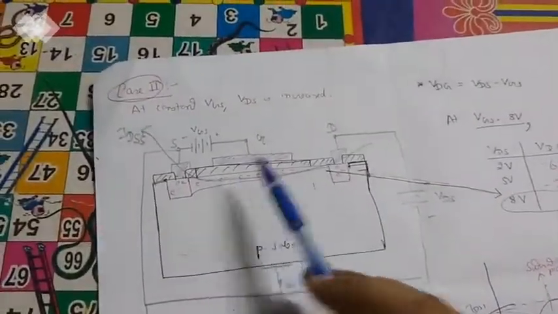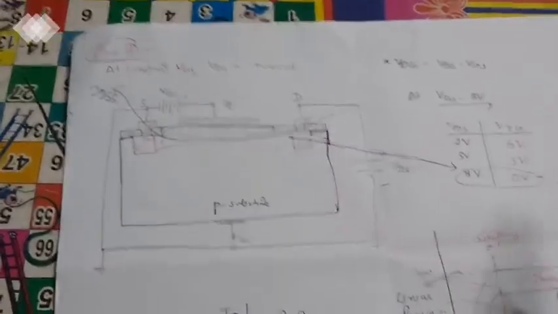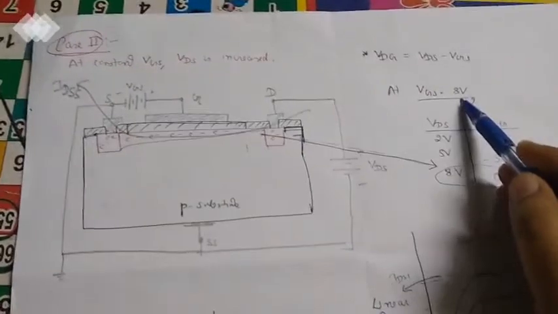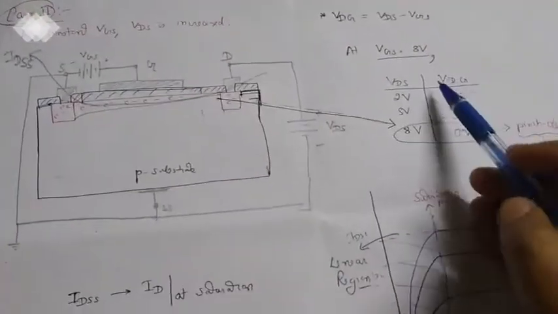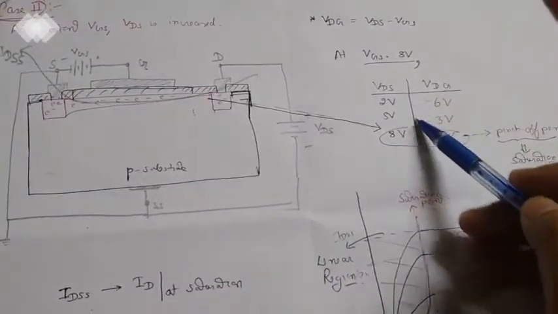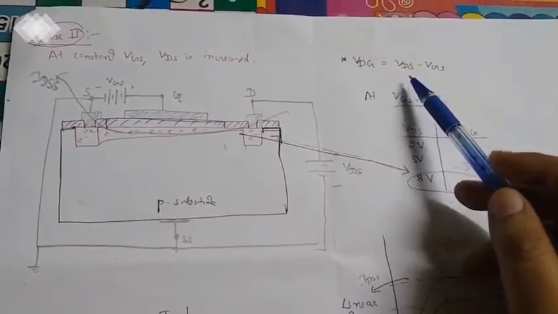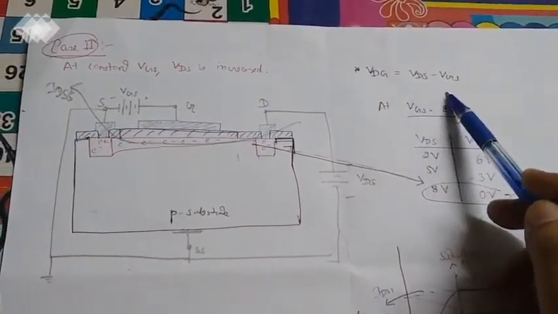Let's take the last case where at constant VGS, VDS will be increased. So let's take one case where VGS is 8 volt and VDS takes different values. The drain to gate voltage we see is VDS minus VGS.